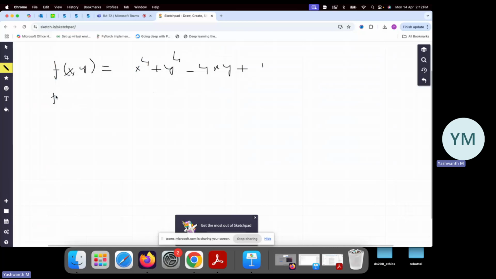We compute the first partial derivative of f with respect to x. We get 4x cubed minus 4y.